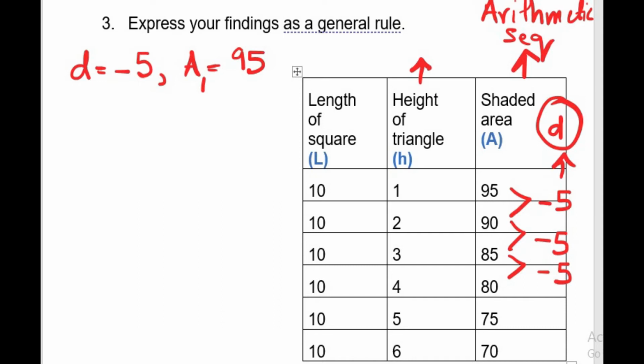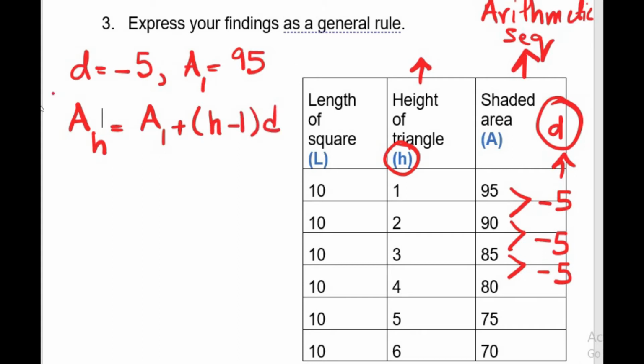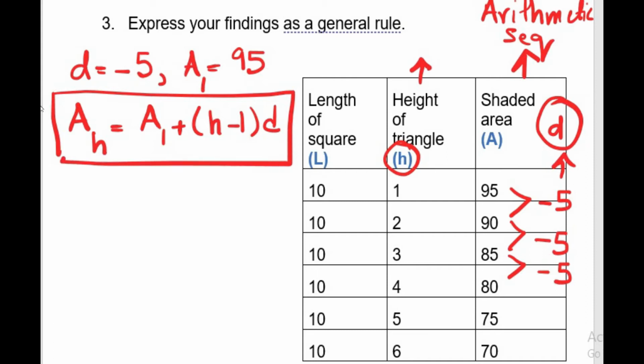The general term of the arithmetic sequence is A_n; in this case, I'm using h, so A_h is equal to A1 plus (h minus 1) times d. Guys, this is a fixed formula, and you will have to learn it, or you will be provided it in the formula booklet. Now we just have to fill in the values.